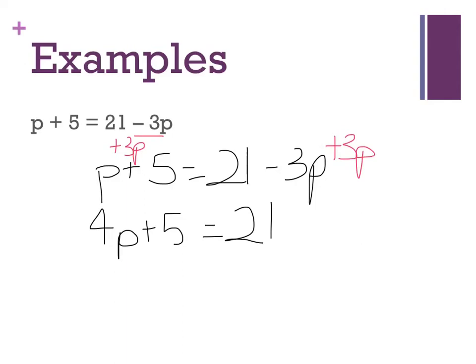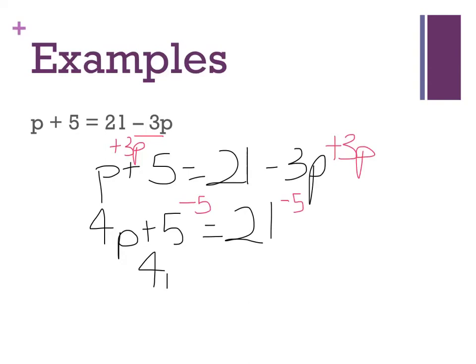Now this looks like something I've seen before. 4P plus 5 equals 21, which means the 5 is the furthest thing away from the P. So in order to solve for P, I must first start by taking the things furthest away. So I'm going to subtract the 5 from this side because it says plus 5. If I want to remove it, I have to do the opposite. And I'm going to subtract 5 from this side.